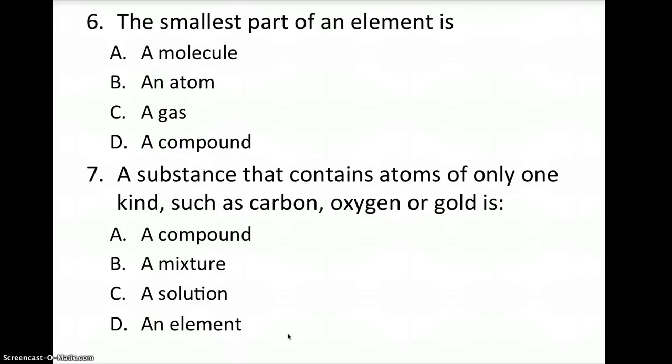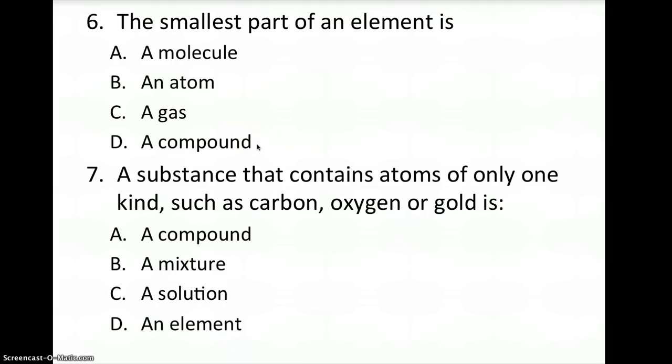Number 6, the smallest part of an element, remember that song? So the smallest part of an element is a molecule, an atom, a gas, or a compound.